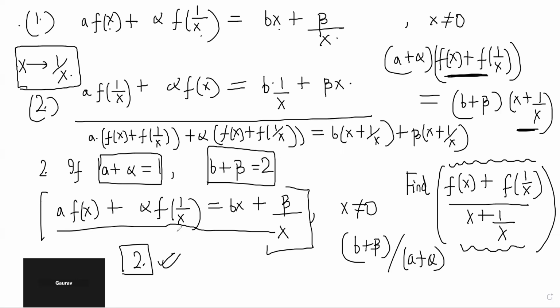The obvious thing to try is replace x with 1/x and see what happens. As soon as you try that, you should be able to see that I'm able to take a common, alpha common, and it is becoming a nice and simple result. Do you understand what I'm saying? Yes, sir.